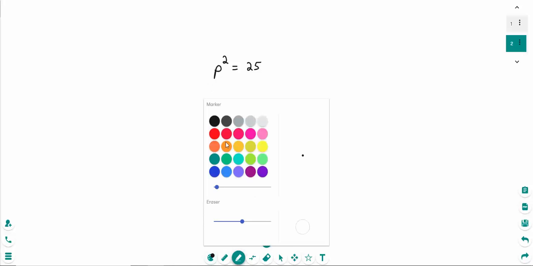All right, so let's do this problem together. All we're going to recognize is that, okay, this p squared, if I square root this p squared, the solution is going to be a p. Now, you could argue it's going to be a plus or minus p, but remember, we only need to put the plus or minus on one side of the equation, and it always makes more sense to put it on the opposite side of the variable. All right, so what we do to one side, we have to do to the other. So this square root on the other, it's going to need a plus or minus.